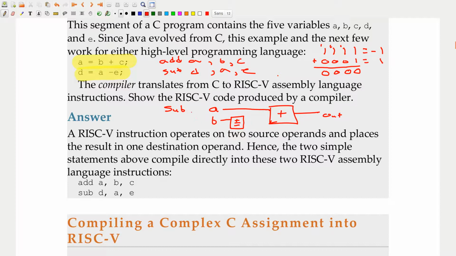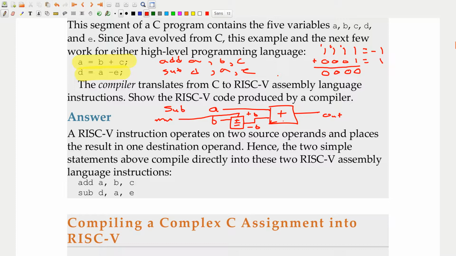Some magical control signal is going to come from out here, based upon what this instruction is. It's going to come into this box and say, is this going to be a positive B or a negative B?